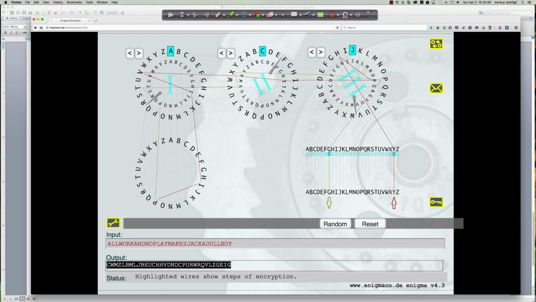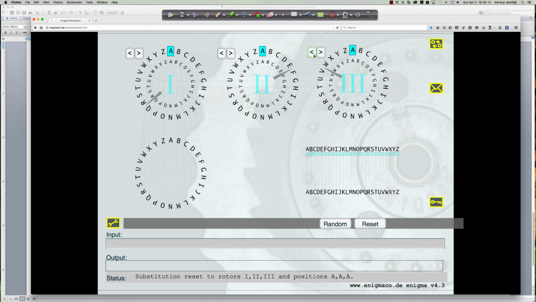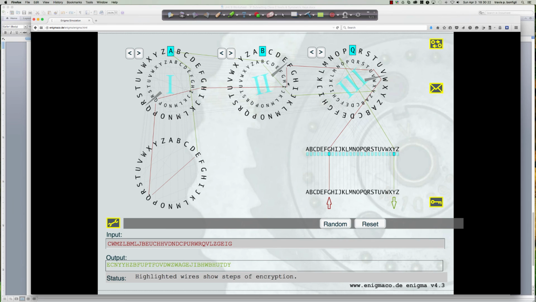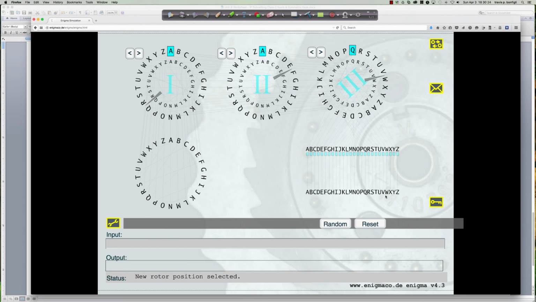But this is what we get for the encrypted text. And again, if I were to reset this and provide the encrypted message, I can't remember the exact setting. All right, well, you get the idea.